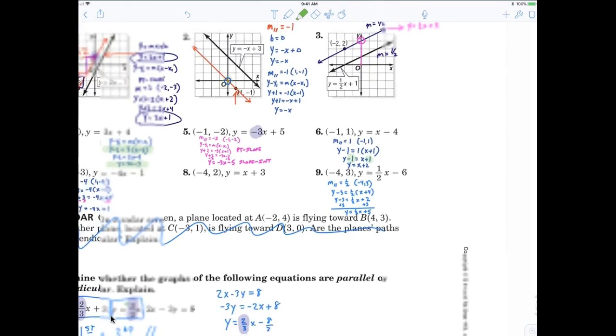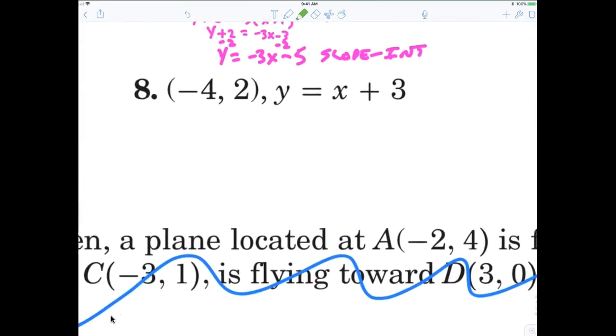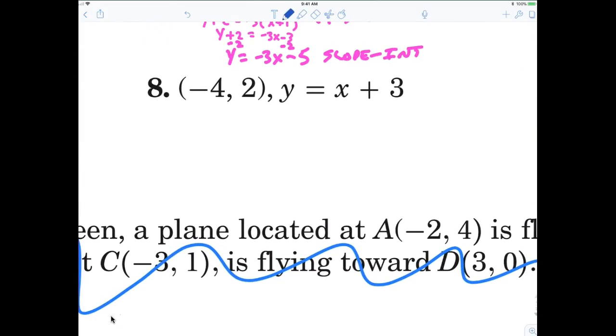Do that on your own. All right, quickly. So here we go. For number 8, Caden, what is the slope of the parallel line? Good. Passing through the point negative 4, comma 2. Tell me the equation.